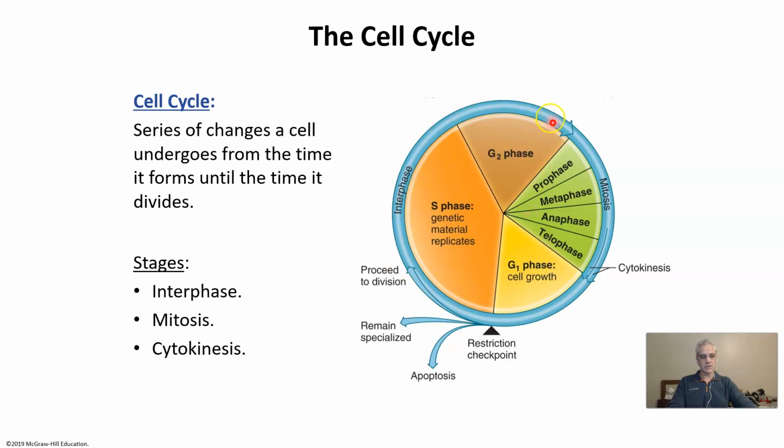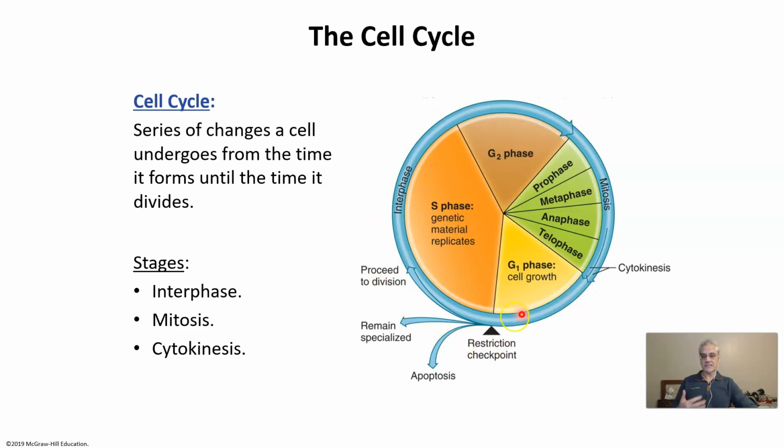That whole part of a cell's life, interphase, is most of what it does, right? So if we were to lay this out on a timeline of a 24-hour day, 23 hours of that cell's day would be spent in interphase.